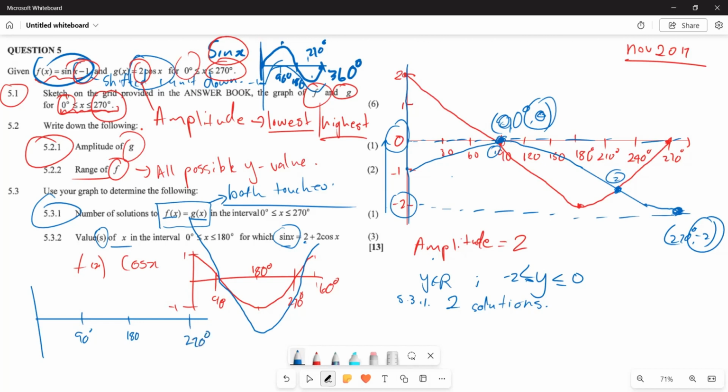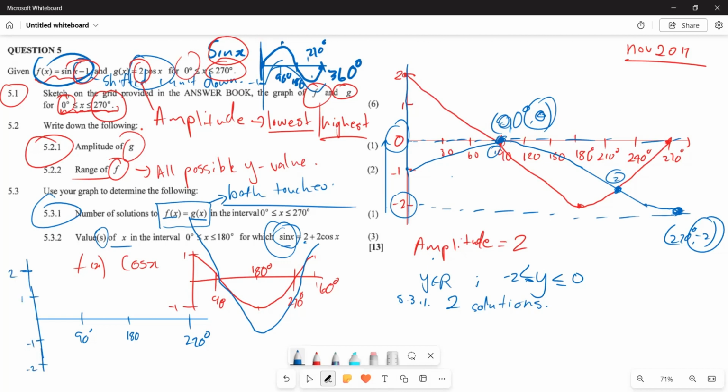The graph of sine of x is going to look something like this. It is going to start here, have a turning point at 1. Let's write this 1 and 2 so that we can make enough space. This is -1, this one is -2. Then this is 1, then this is 2.